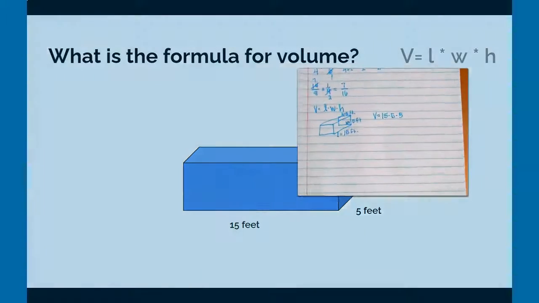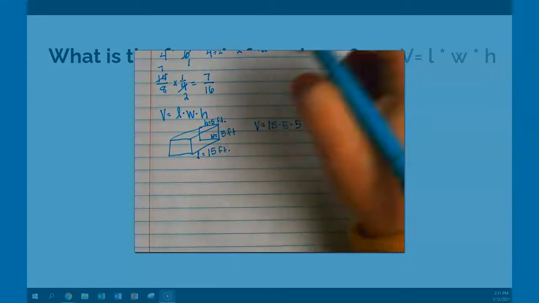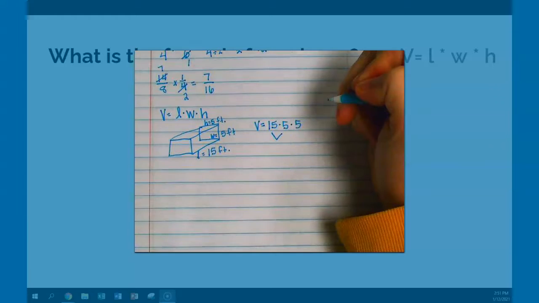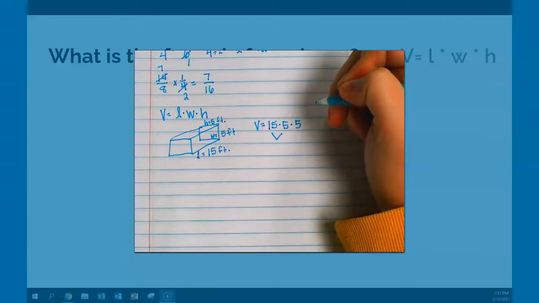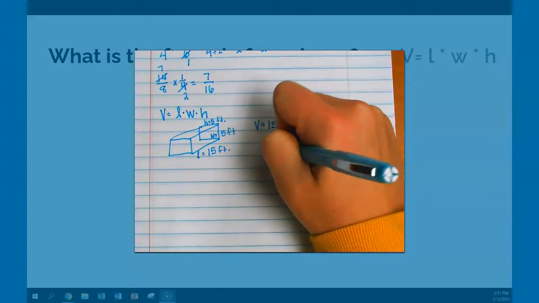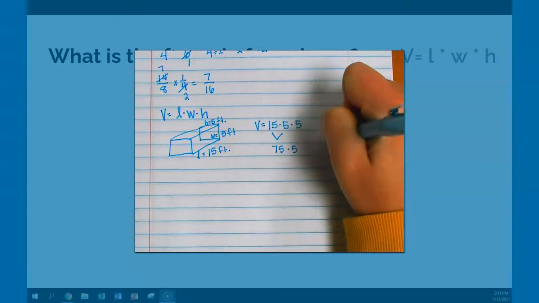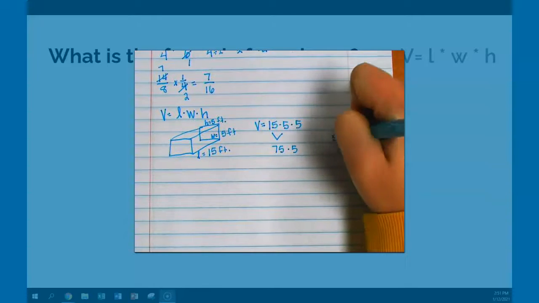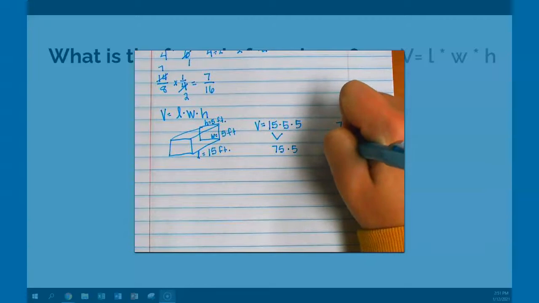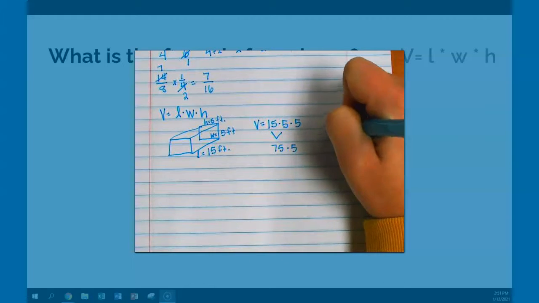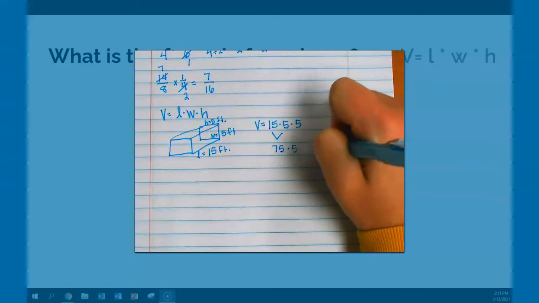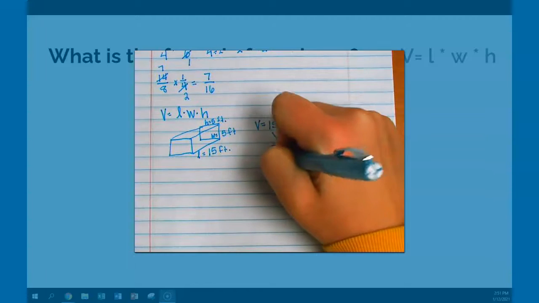I would just solve this step by step. 15 times 5, 15 times 2 is 30, so times 4 would be 60, plus 15 more would be 75 times 5. Go ahead and work that one out. 5 times 5 would be 25. 7 times 5 is 35, plus 2 would be 37.